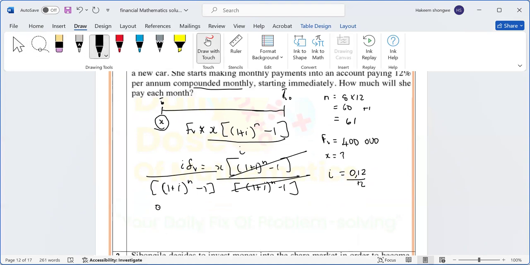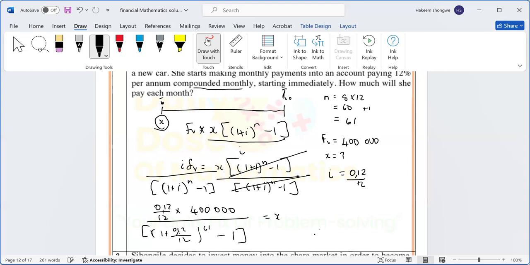We have 0.12 divided by 12, multiplied by 400,000, all over, open bracket, open bracket, 1 plus 0.12 divided by 12 to the power of 61, minus 1. The key thing here was that we're supposed to say 61 instead of 60. And then this is going to be X.